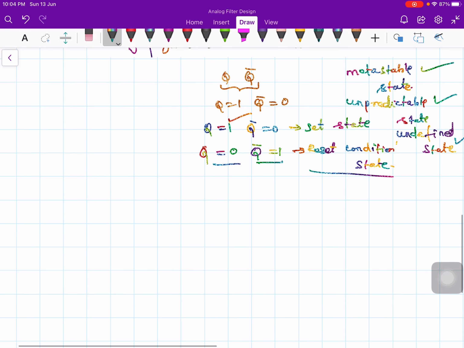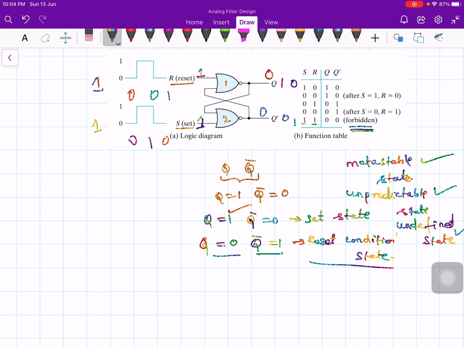Now, let us analyze. Under normal condition, both inputs of the latch remain at 0 unless the state has to be changed. If you keep both the inputs 0 0, then the previous state will be maintained.